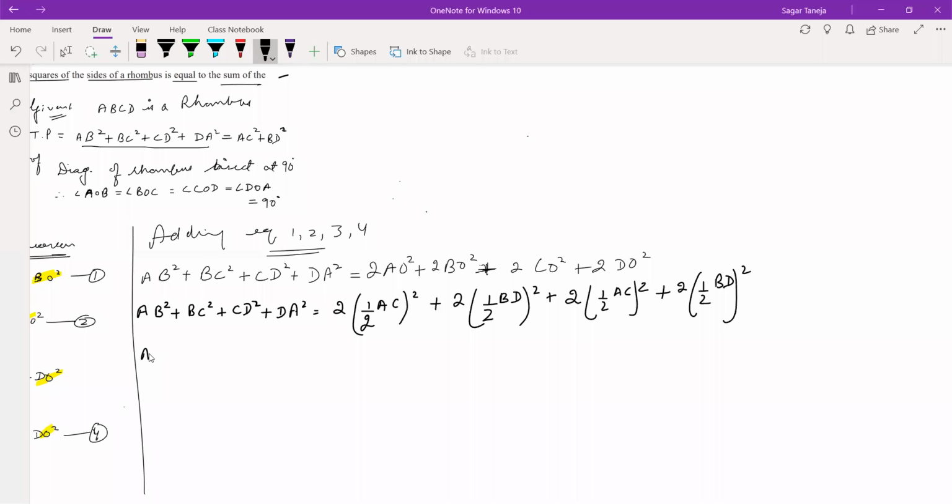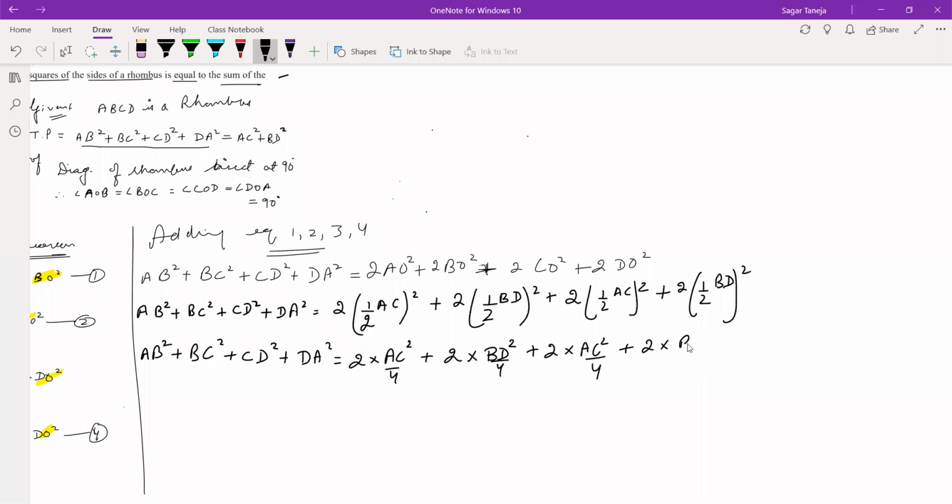Now again AB square plus BC square plus CD square plus DA square is equal to twice into AC square by 4, just do the square, into BD square by 4 plus 2 into AC square by 4 plus 2 into BD square by 4.